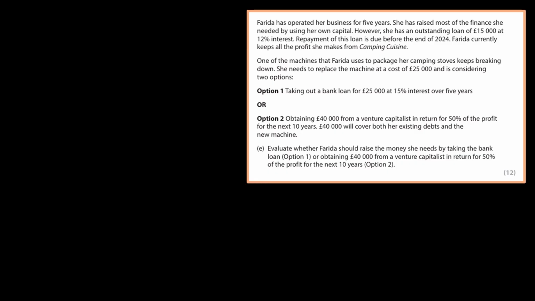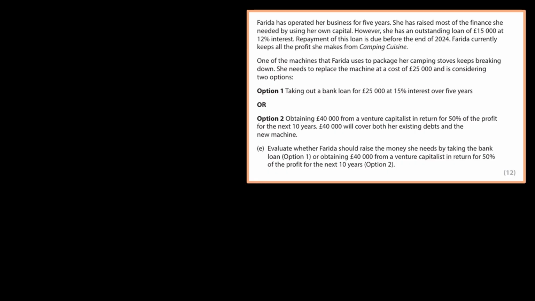She needs to replace the machine at a cost of £25,000 and is considering 2 options. Option 1, taking out a bank loan for £25,000 at 15% interest over 5 years, or option 2, obtaining £40,000 from venture capitalists in return for 50% profits for the next 10 years. £40,000 will cover both her existing debts and the new machine.